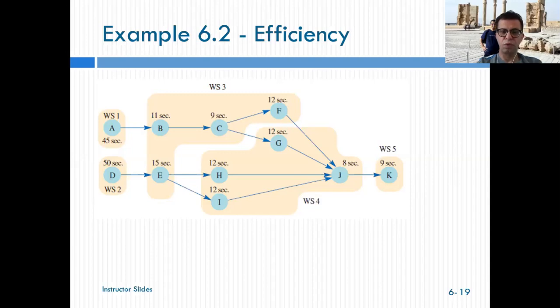Once we set up the different workstations, we do some time calculation to find the level of efficiency. If you notice here, workstation 1 takes 45 seconds to produce it, and then it goes to workstation 2, which takes 50 seconds.